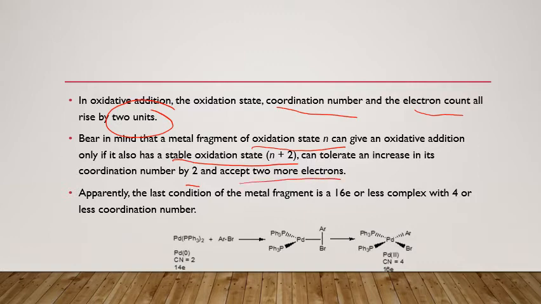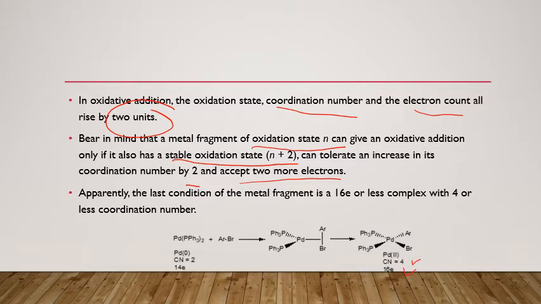If it is stable after the addition, it can tolerate the increase of the coordination number by 2 and accept 2 more electrons, then the oxidative addition can occur. Apparently the last condition of the metal fragment is a 16 electron or less complex with 4 or less coordination number. You can say that the last condition of the metal fragment is 16 electrons with coordination number 4.